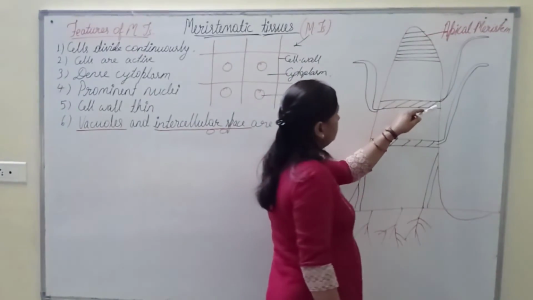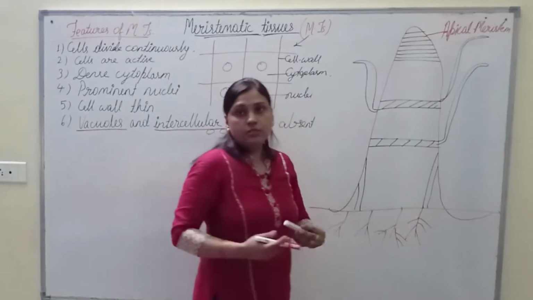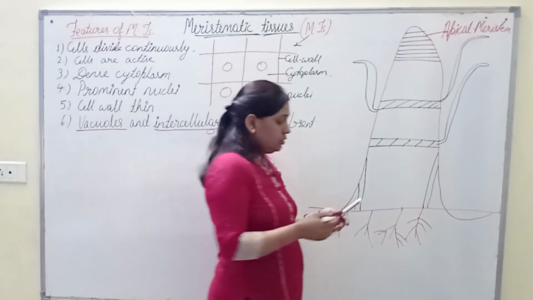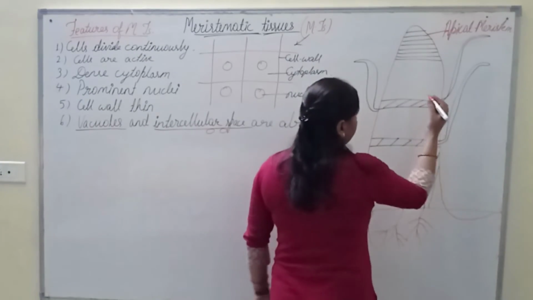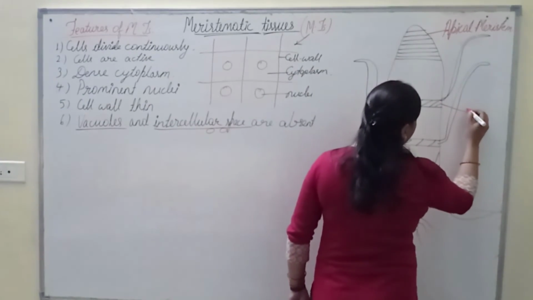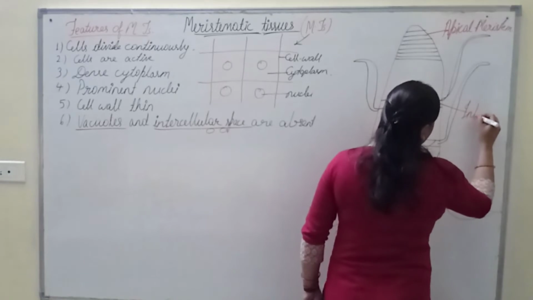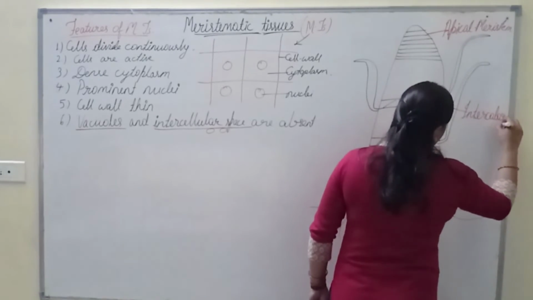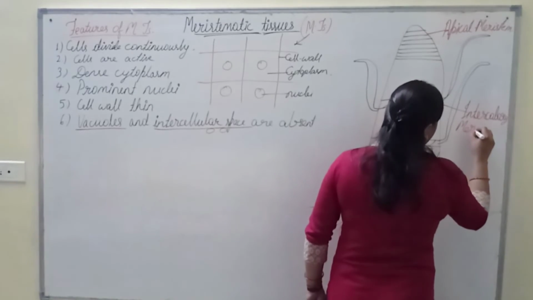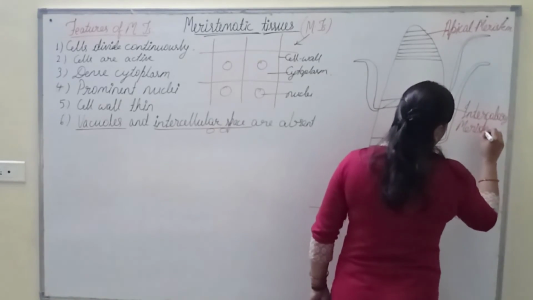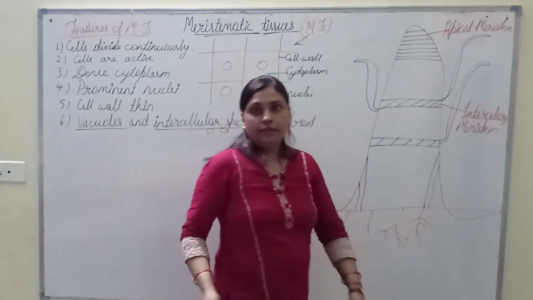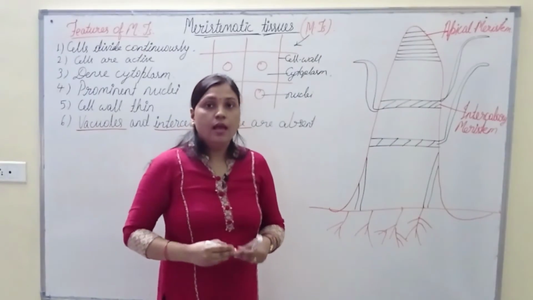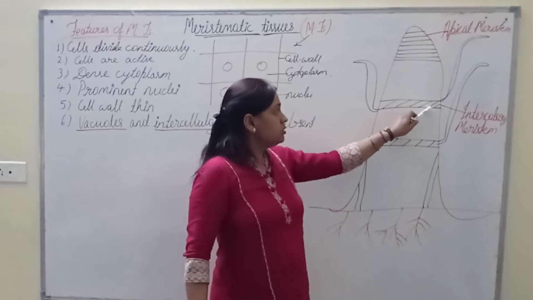Now here, this is the node. A node is the part of the plant from where a leaf originates. Intercalary meristems are found here, at the base of leaves and also at the nodes.